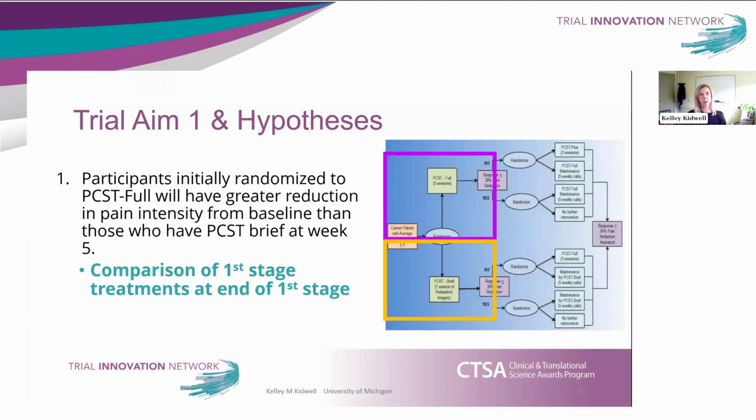So the primary hypothesis was really a 2-arm trial hypothesis. It was as if you just did the first stage. And so the first primary hypothesis asked, is getting the full version of the intervention better than getting a brief version in terms of the change in pain from baseline to that week 5 to 8? So they looked at the end of the first stage, which one was better.